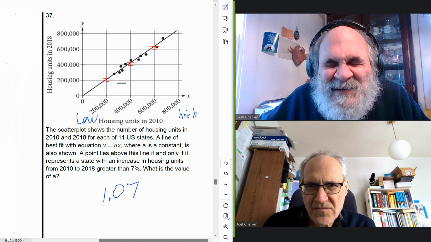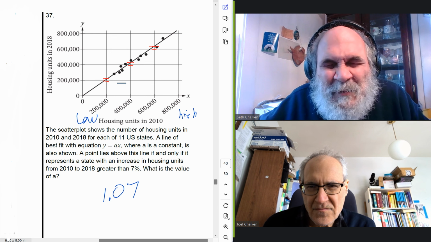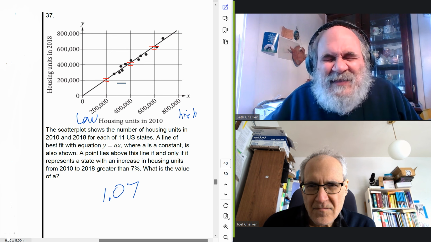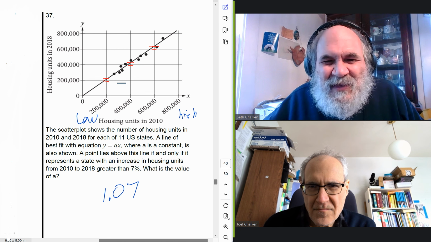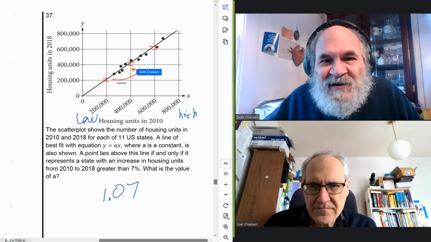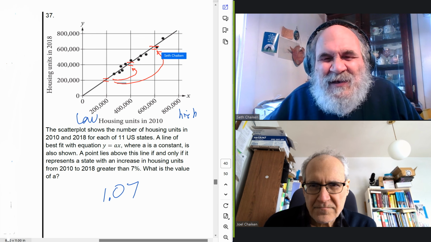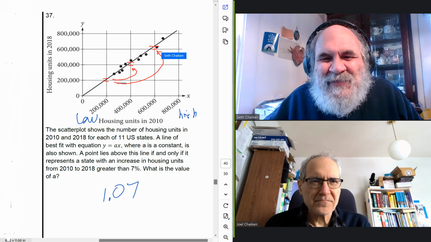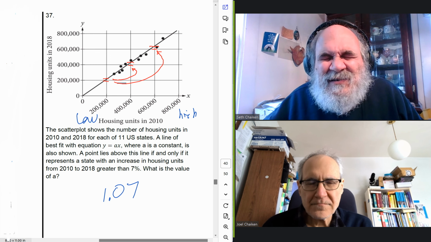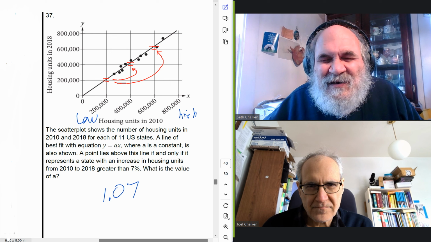It's really tiny here. The height of that gap doubles from here to here, and then from here to here it triples. So I think the gap is 7% of the common x and y value.